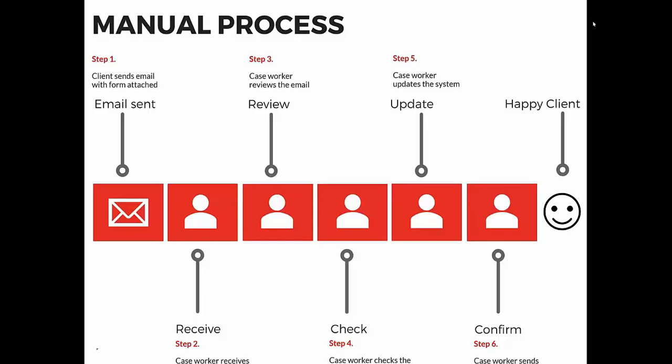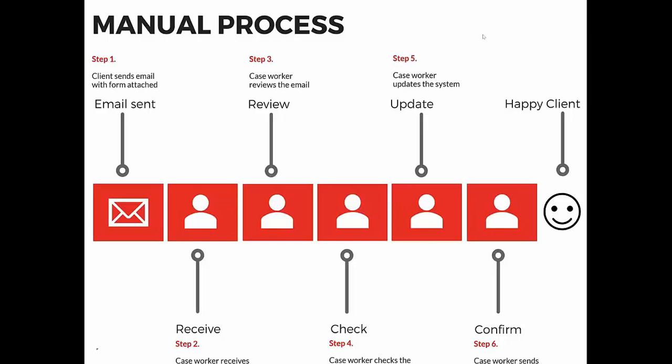But you can appreciate all of the steps there that a human operative is having to go through, from logging into the email, reading the email, reviewing the attached form, logging into the back-end system, verifying that it's an active client, changing all the details over, saving that, and so on and so forth.